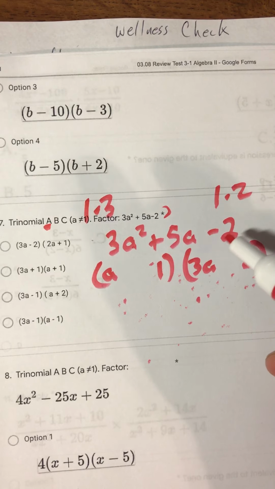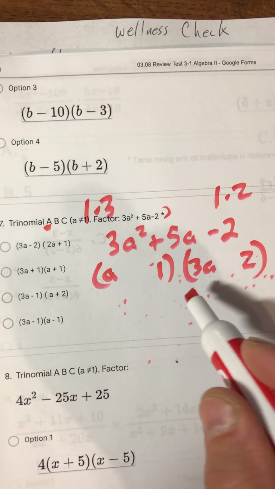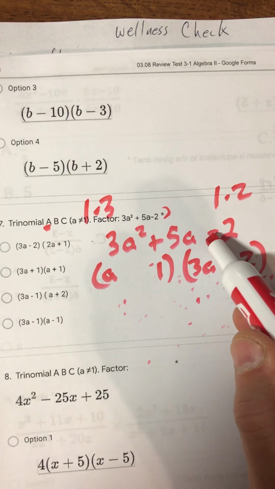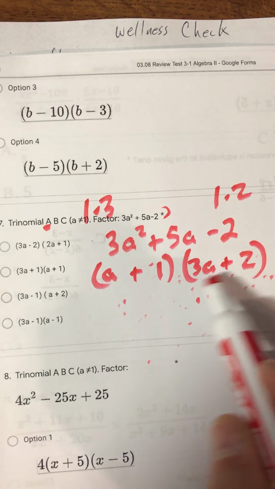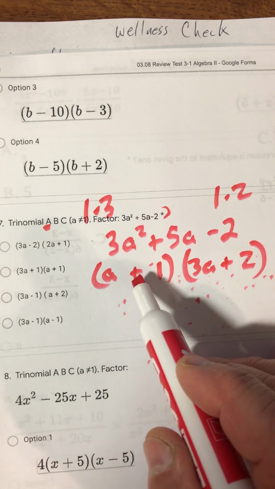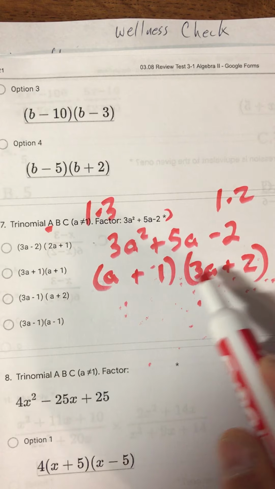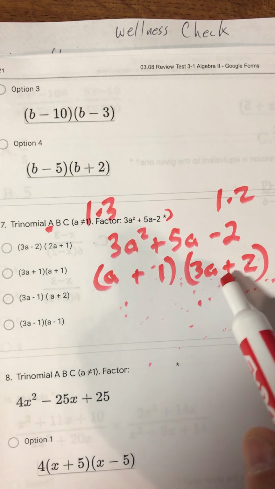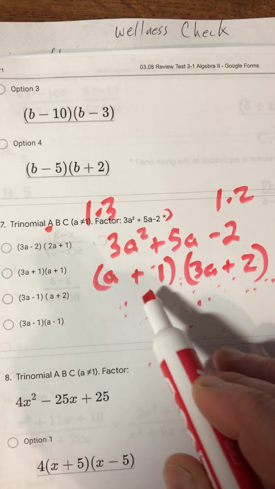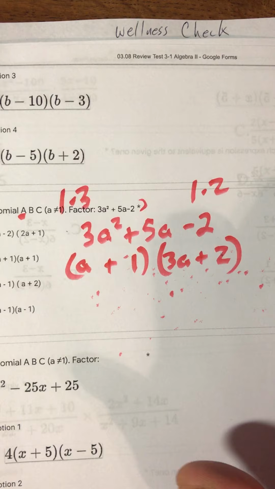I see the mistake here on number 7. There is no way to get a -2 if both of these are positive. In order to get a positive 5, both have to be positive, and in order to get a -2, one of these has to be negative. When you multiply a negative times a positive, that's not going to work.